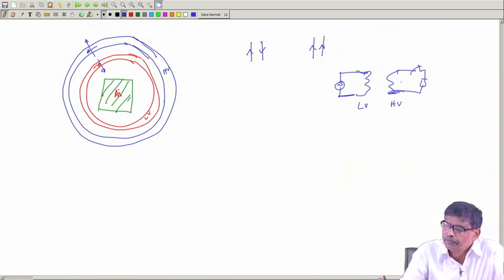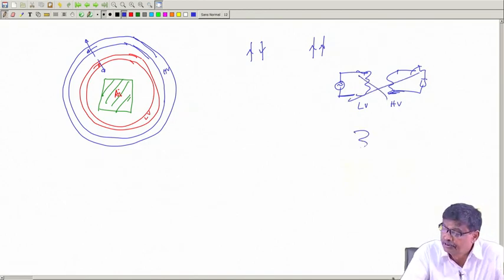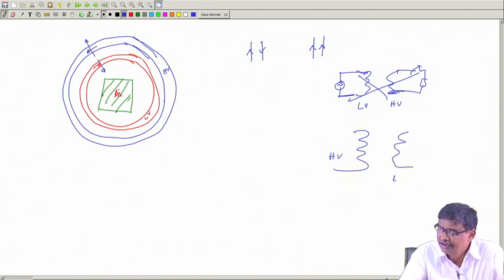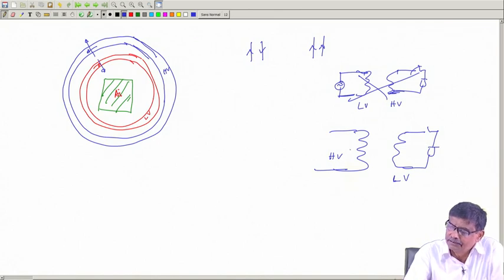Or I will draw other way to introduce the problem. So, this is suppose HV, this is LV side, it does not matter in any way, this is load. You load the transformer, then what happens?